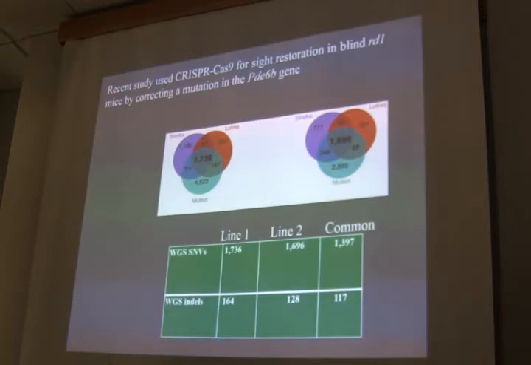Are these mostly insertions and deletions? These are single nucleotides. These are the indels here. In the bottom, indels are the insertion deletions. And so in those mice, they had 164 in one, 128 in the other one, and 170 in those were in common.